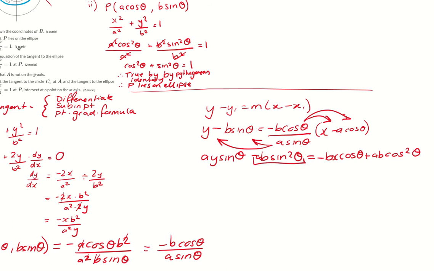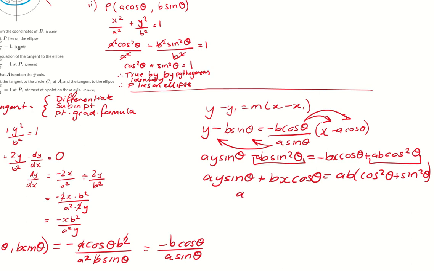Get all my squares on one side. ay sine theta plus bx cos theta is equal to, factorize out my ab, and I get cos squared theta plus sine squared theta, which is really the same thing as timesing by 1.